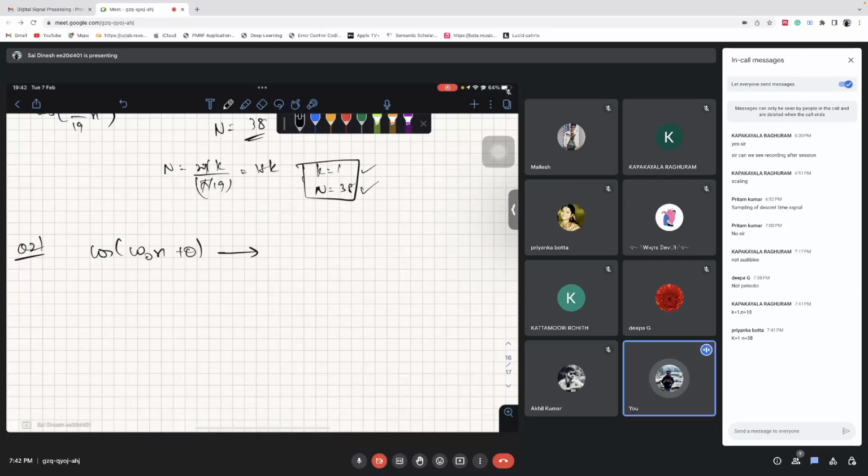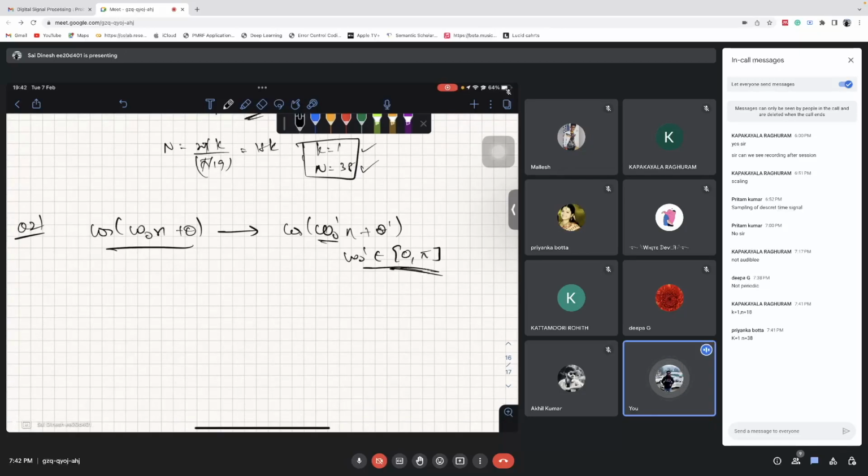We need to bring it to cos omega naught dash n plus theta dash, where omega naught dash is in between 0 and pi. This is what we need to solve. We will be given a question, and then we need to bring the omega naught between 0 and pi.